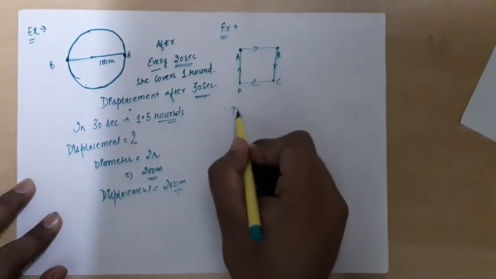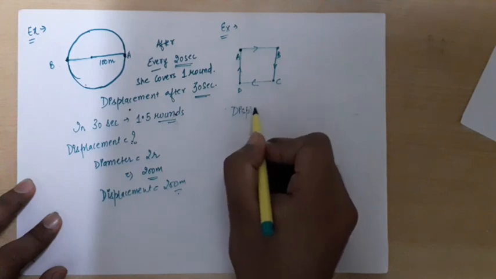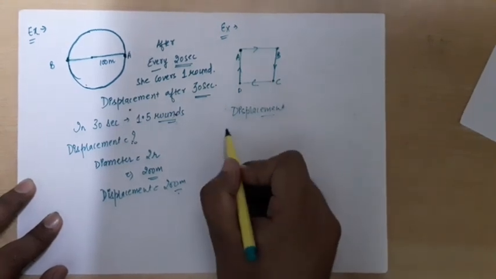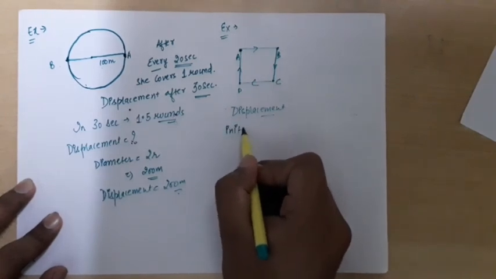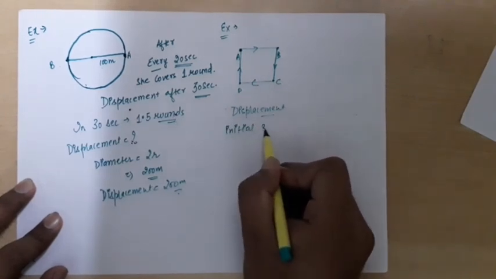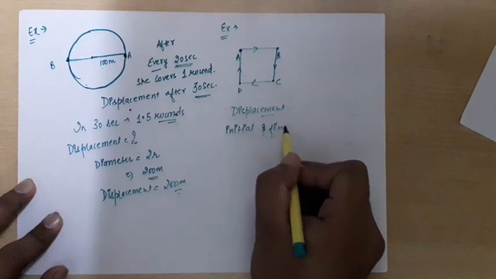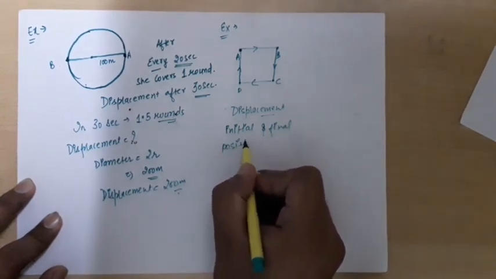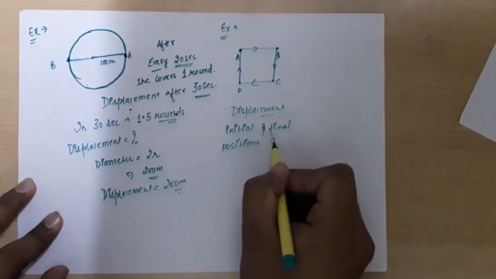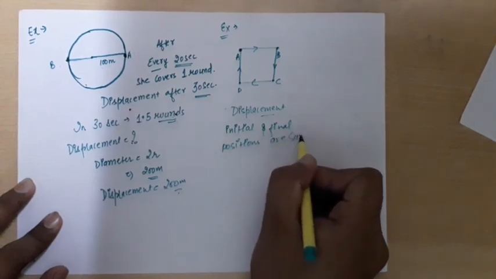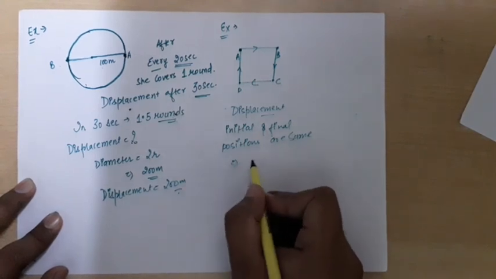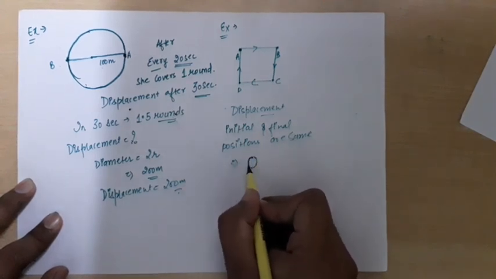So what is the displacement? As the initial and final positions are the same, displacement will be 0.